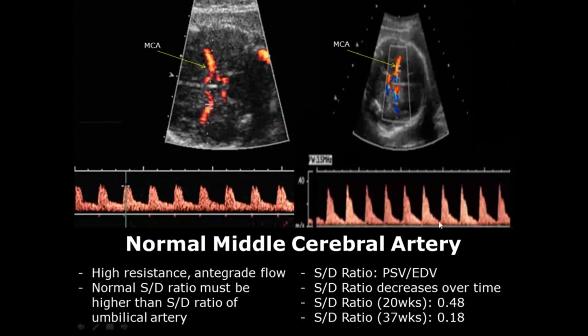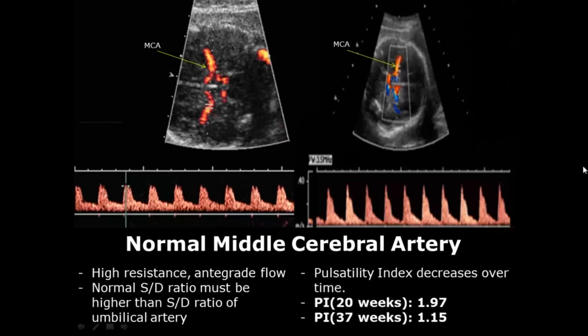It is a measure of resistance and it must decrease over time. These are approximate values, just some examples of SD ratio values. At 20 weeks, it can be 0.48, and by 37 weeks, it has decreased to 0.18.